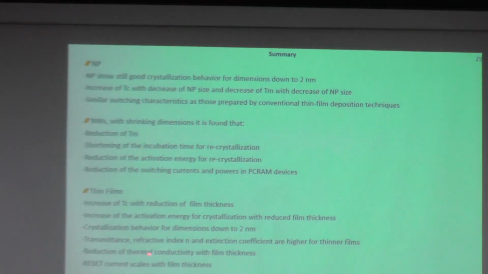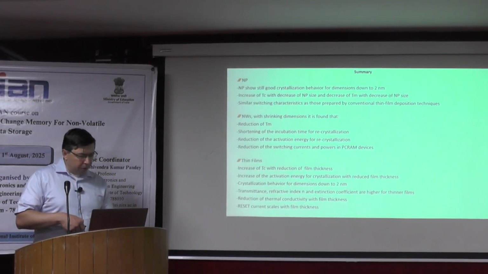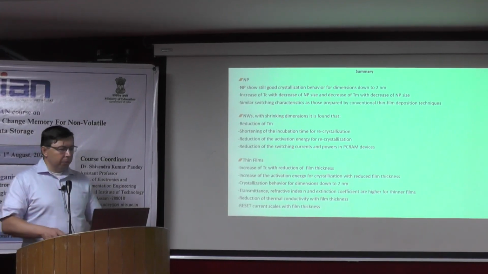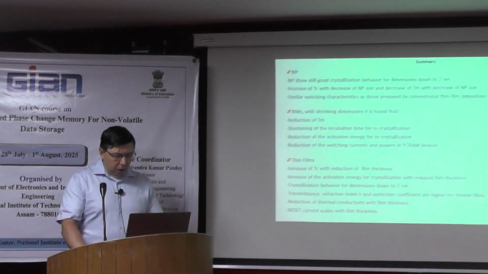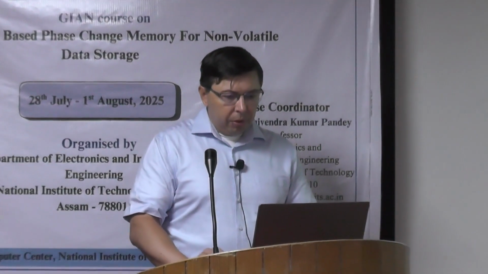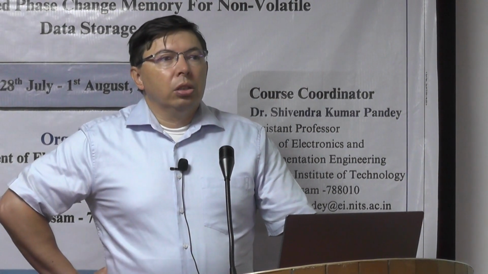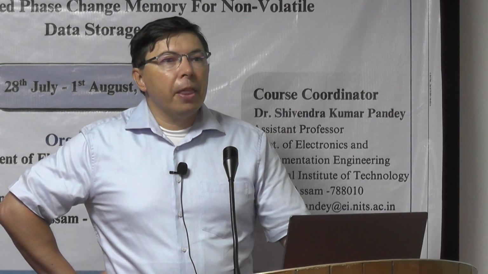And we also observed reduction of thermal conductivity for very thin films, and reset current scales with film thickness. So I think I would like to start with this part on the bonding and the size-dependent material properties. If you have questions, please ask me.